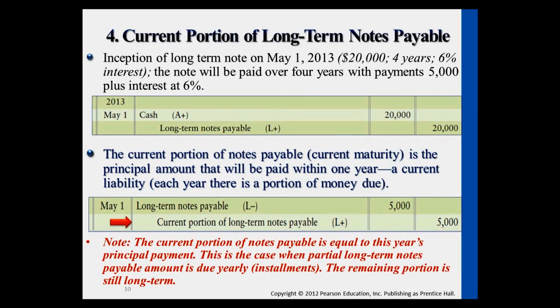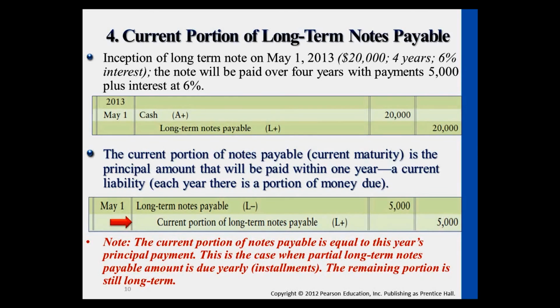So this year ends, $5,000 of this long-term note, within this $20,000, is due this year. We reclassify it into short-term notes payable. This is the category of short-term notes we call the current portion of long-term notes payable. The $5,000 is due a year later, so it's considered current for this accounting period. But the remaining $15,000 is still long-term notes.